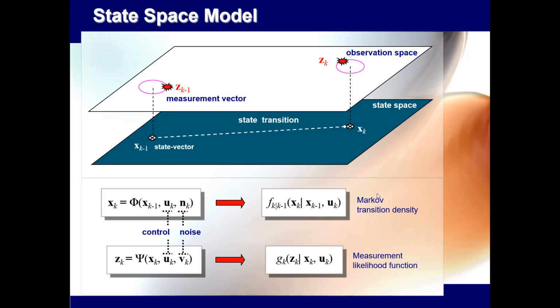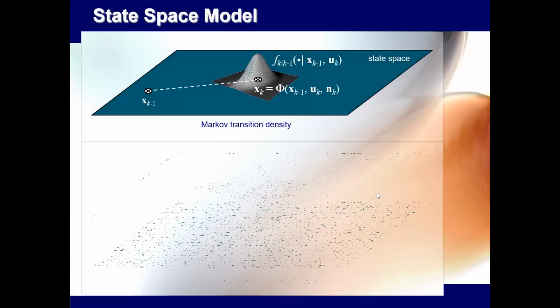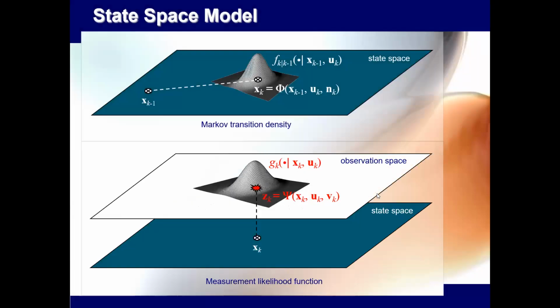These two concepts can be mathematically described by this simple equation on the slide. What it says is that there could be noise in the state space, and noise in the observation space. Because I'm considering a stochastic system, it can be described as a Markov density and a measurement likelihood function. This is a general system, and this is just an example.